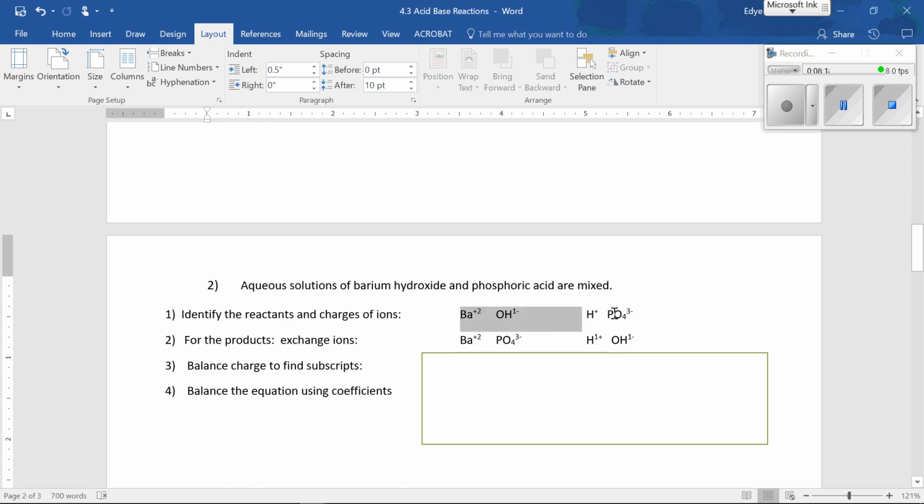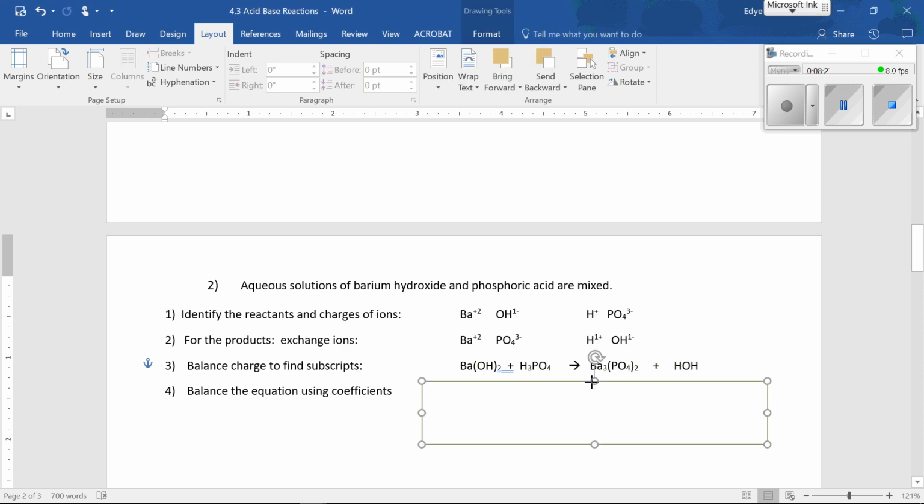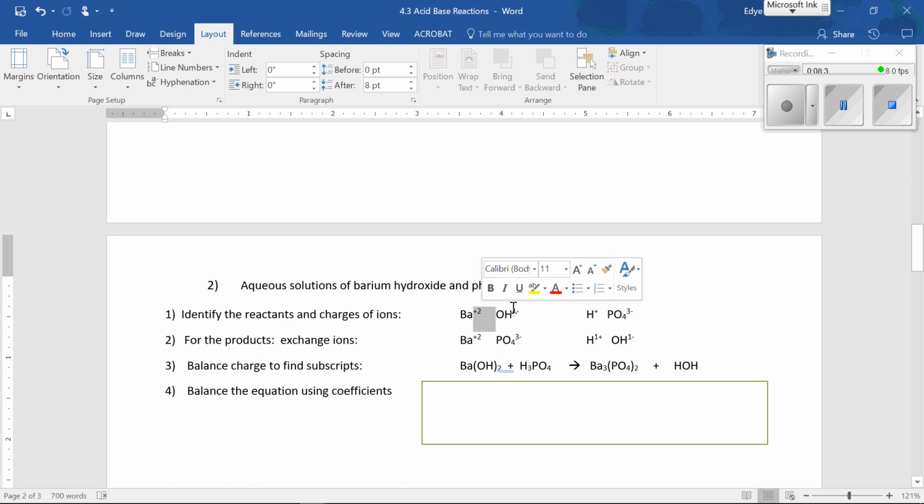So my reactants will be these put together. My products will be these put together. You might want to pause this. I'm going to show you what they are in a moment. Here you go. So the +2 and the -1 gives us Ba(OH)2. The -3 and +1 means we need 3 H+. So we have H3PO4. These were our reactants.